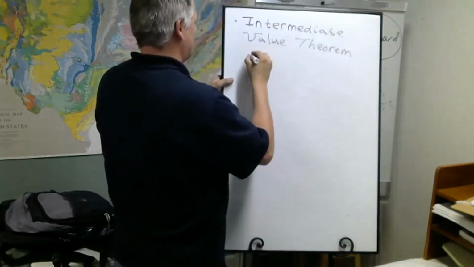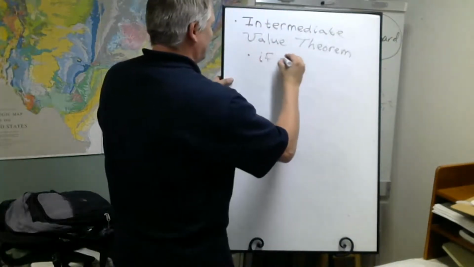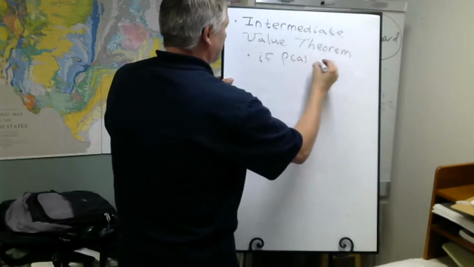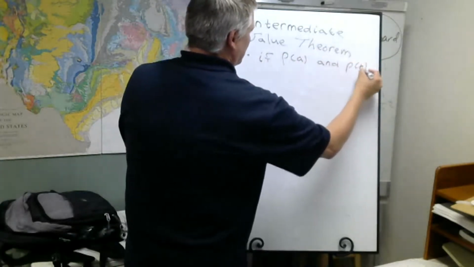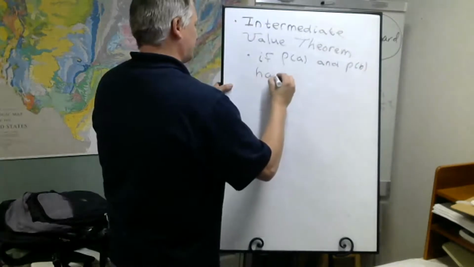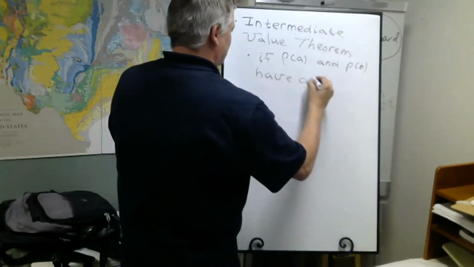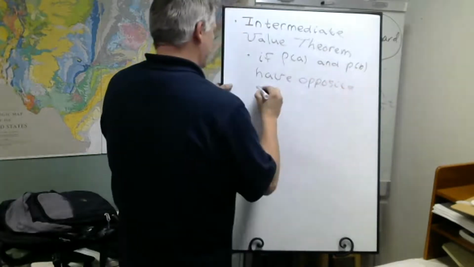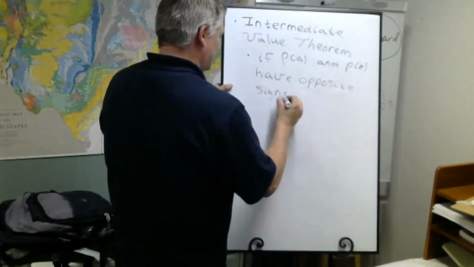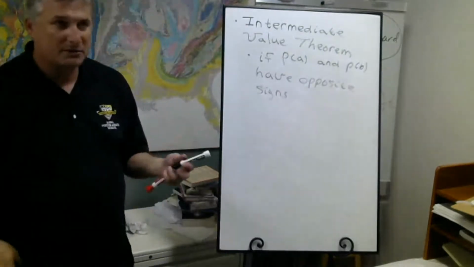So if P of A and P of B have opposite signs. In other words, one is positive, the other is negative.